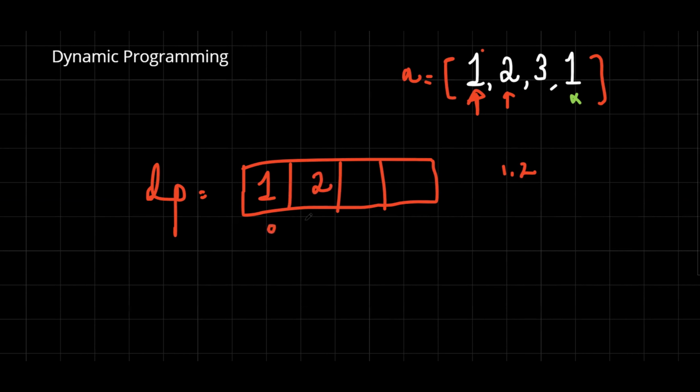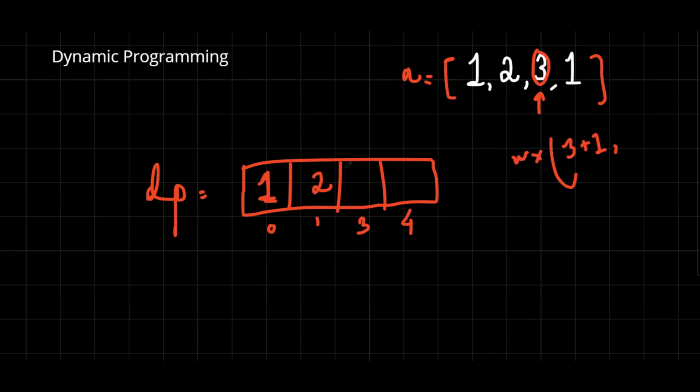This is the first index, this is the second index, this is the third index, and this is the fourth index. Now, for this third element, we have two choices. Either I can take it or I can ignore it. Suppose I take the third element, then our result will be the maximum of 3 plus dp of i minus 2, which is 1, or I can simply ignore the third element.